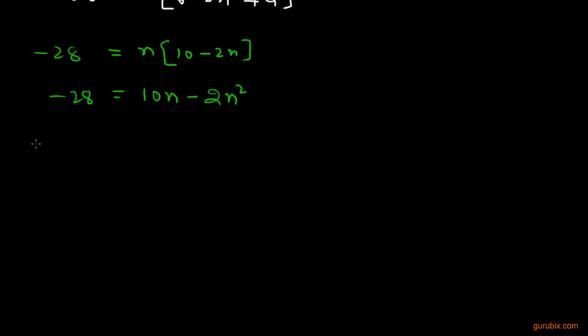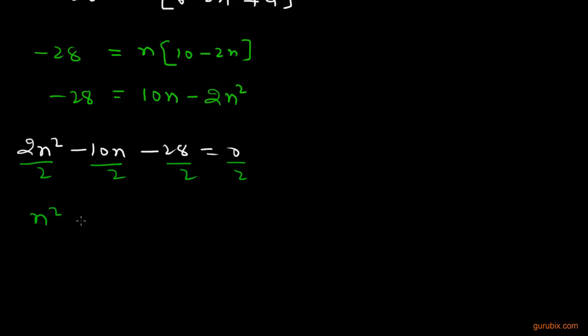Now this is a quadratic equation, that is 2n square minus 10n minus 28 equals 0. We can divide all the terms of this quadratic equation by 2. We get n square minus 5n minus 14 equals 0.